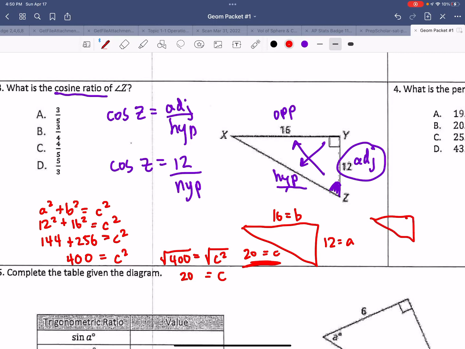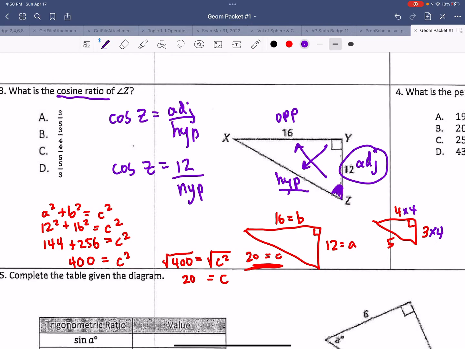And so some of us in class noticed, oh, I think that this is a similar triangle. That's the larger version of a 3, 4, 5 triangle, right? If I take 3 times 4, 4 times 4, and 5 times 4, I'll get this triangle, the 12, 16, 20. So the cosine of Z has to be 12 over 20.